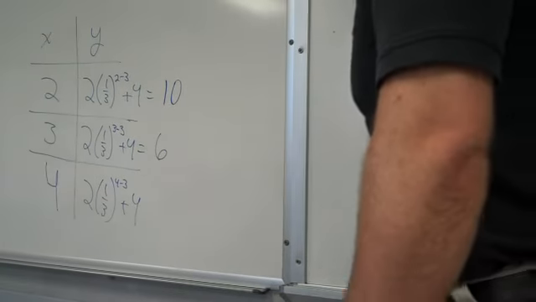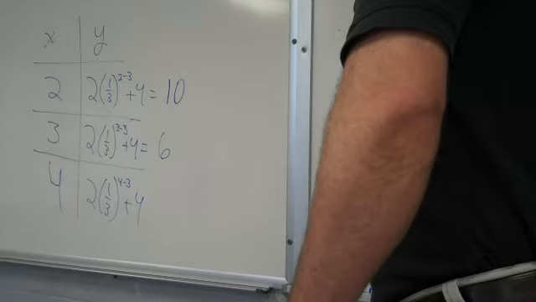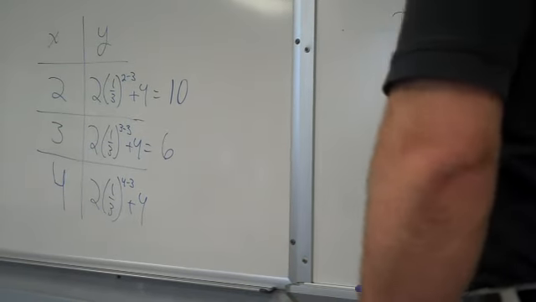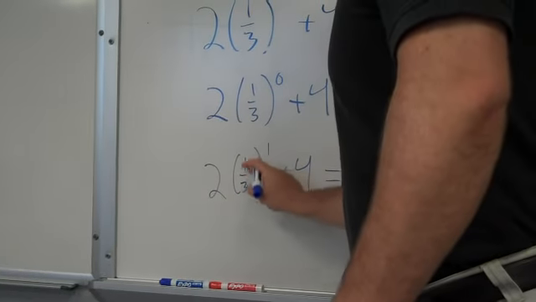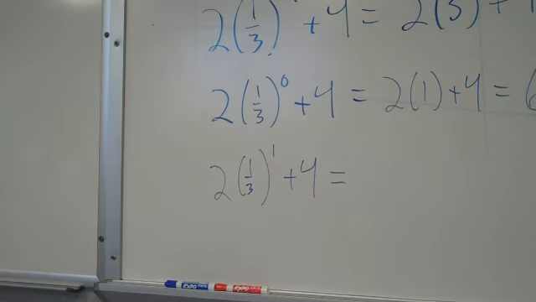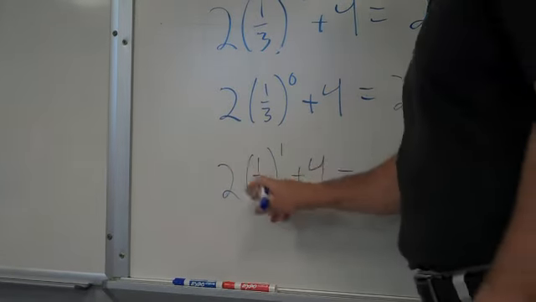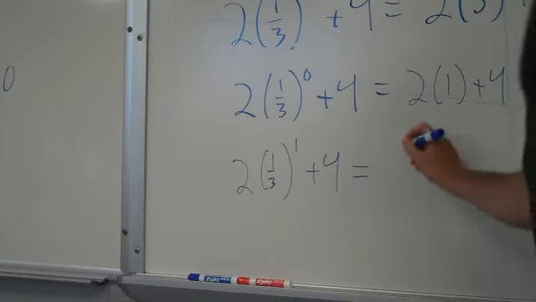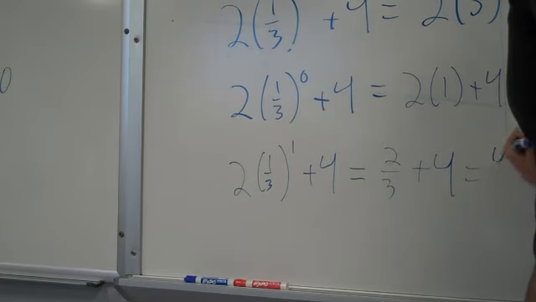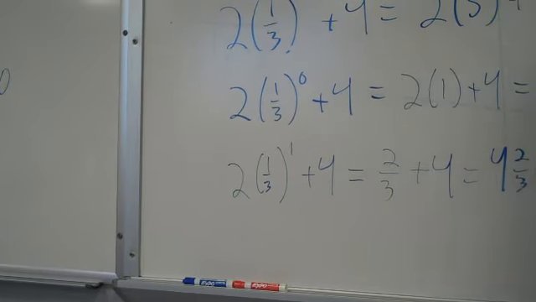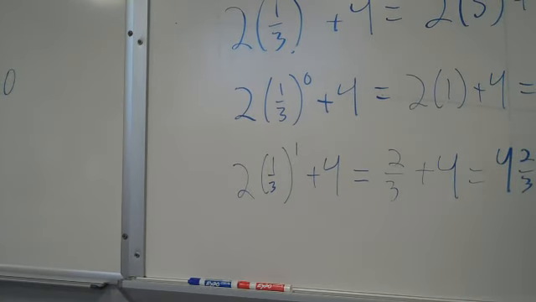So this will be 2 times 1/3 raised to the first power plus 4. 1/3 to the first power is what? 1/3. Anything to the first power is itself. What's 2 times 1/3? 2/3. 2/3 plus 4 is just 4 and 2/3, or as James pointed out, 4.6 repeating forever.